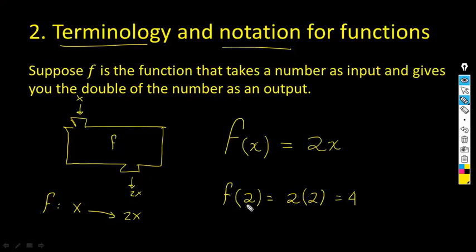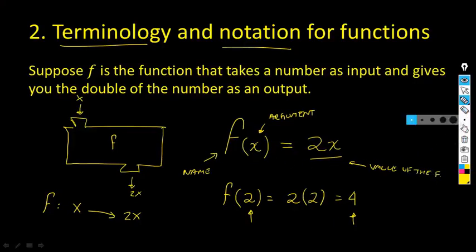So the function takes this input and it produces this output. Perfect, so that is the terminology. I repeat, this is the name of the function, this is the argument or the input of the function. Try to memorize these words. And all of this is known as the value of the function. Perfect.